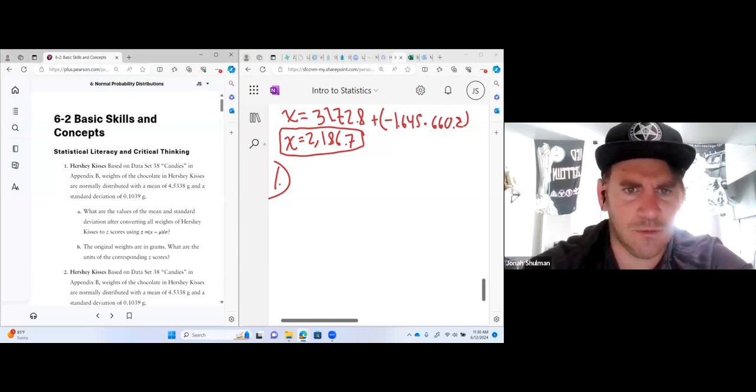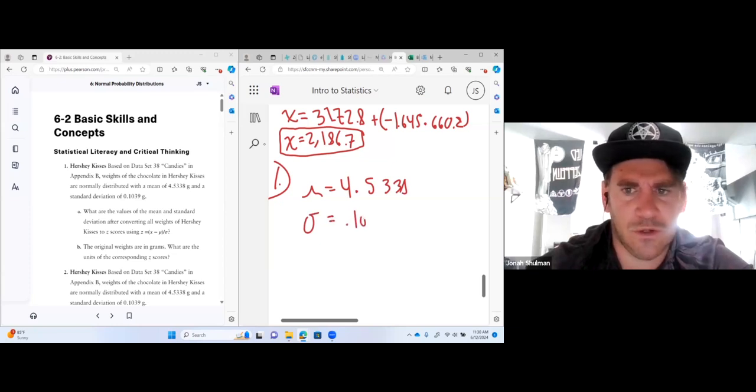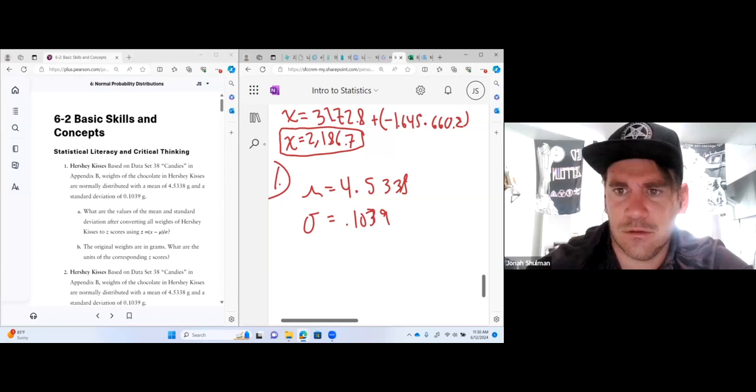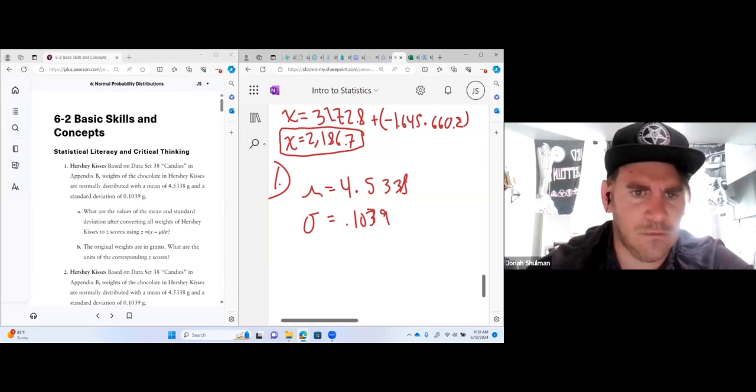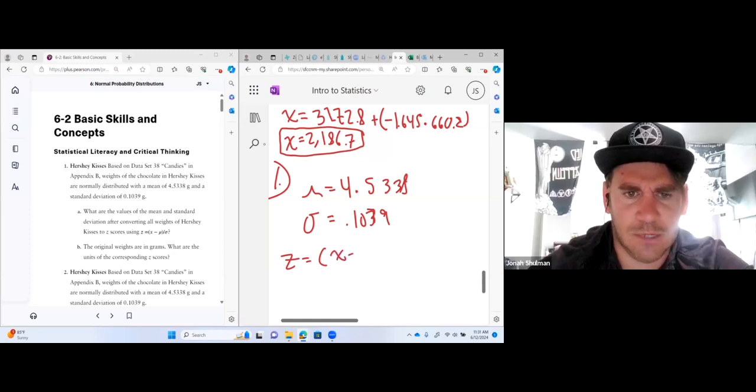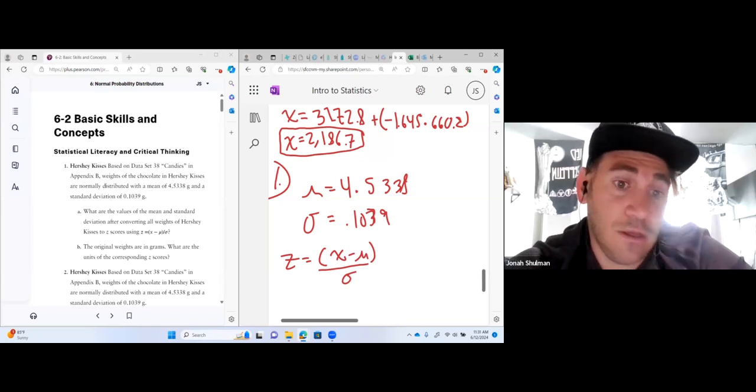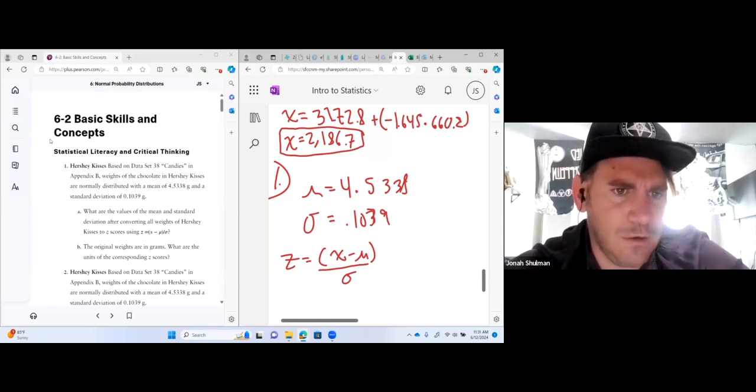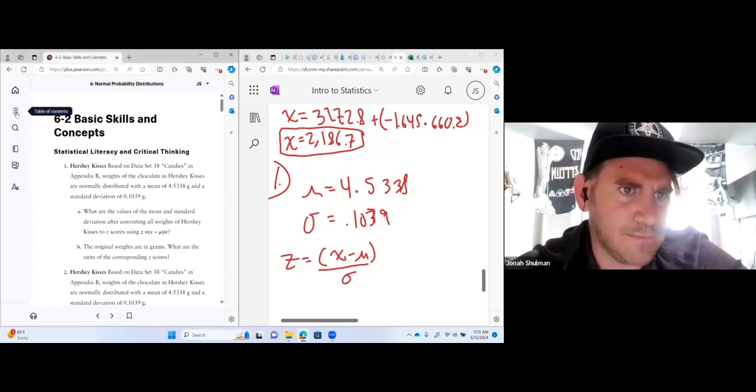It's weird. So we have a mean of 4.5338 and a standard deviation of 0.1039. We need to find the Z-scores: X minus the mean, divided by our standard deviation. So if this is what they want me to do, I'm going to go for it. Appendix B.